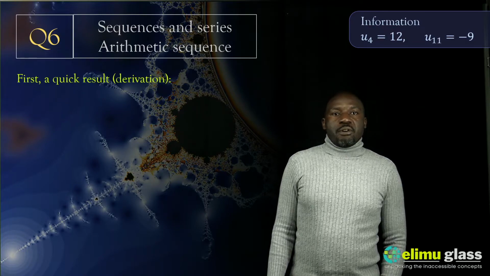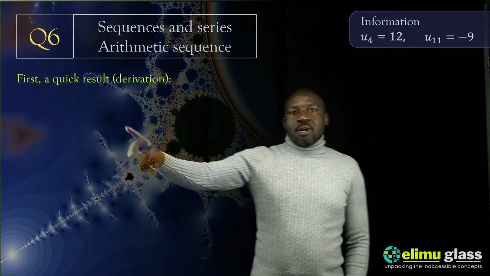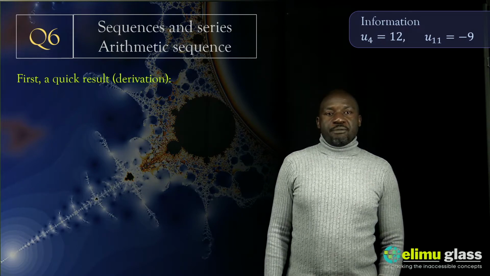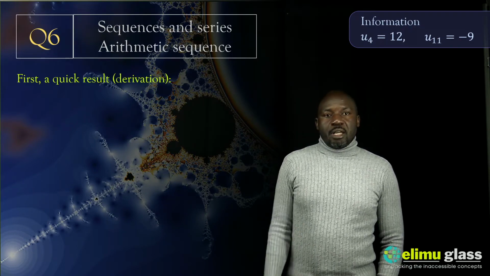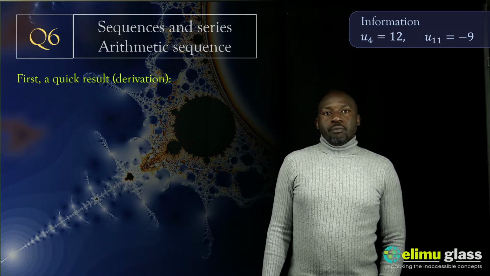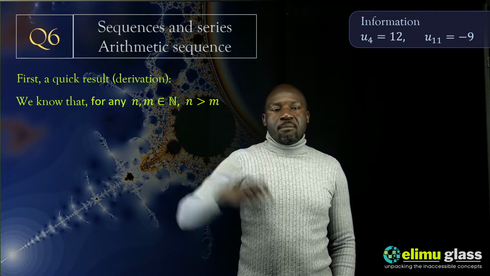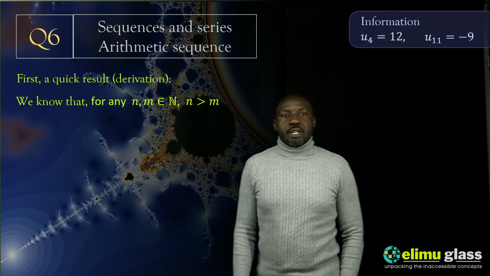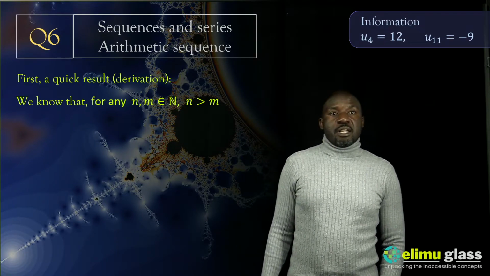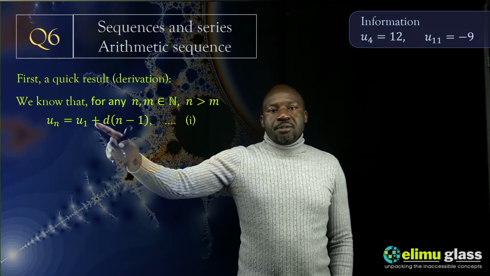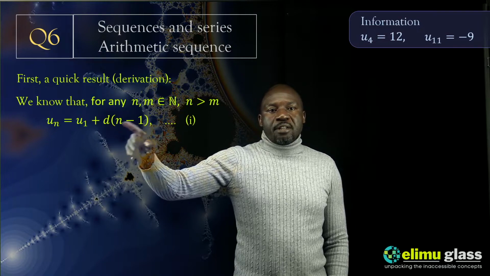We are looking for, before I go on, I decided to do a quick derivation to find a much faster formula than just the standard formula. So for some known n and m that are natural numbers, where n is greater than m, we know that un is u1 plus (n minus 1)d.